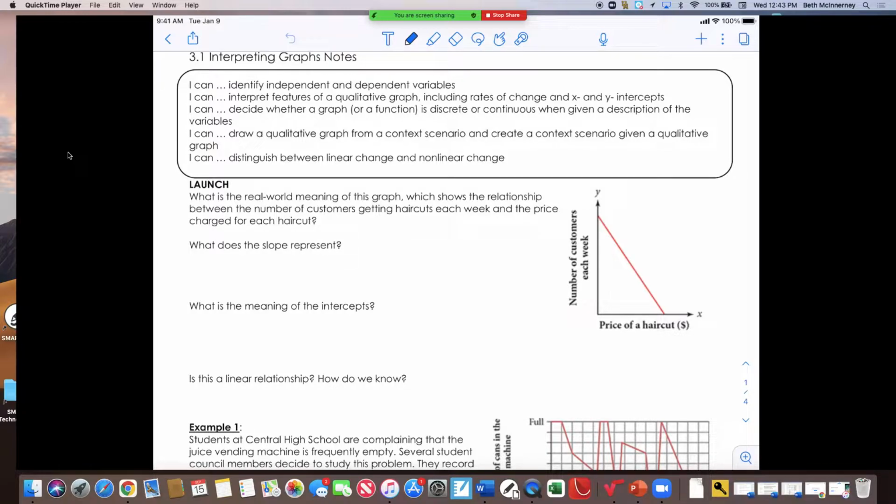So can somebody explain what does this graph mean when you look at it? Davey? Yes, nice explanation. I like how you explained that.